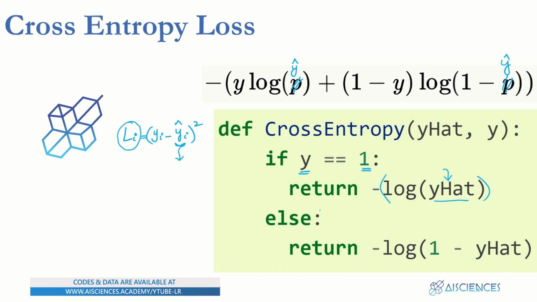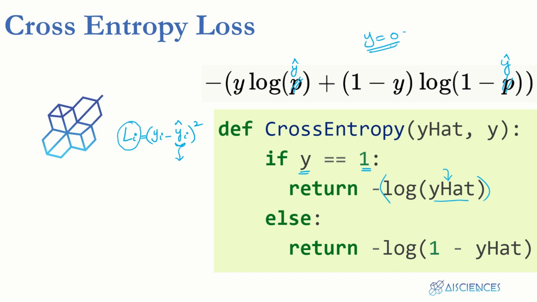On the other hand, if the actual label is 0 and we have predicted 0, then we are fine. But if the actual value is 0 and we have predicted 1, then we again are going to get a very big number, which is the loss. So the end goal is to minimize this particular loss, which is known as the cross entropy loss.